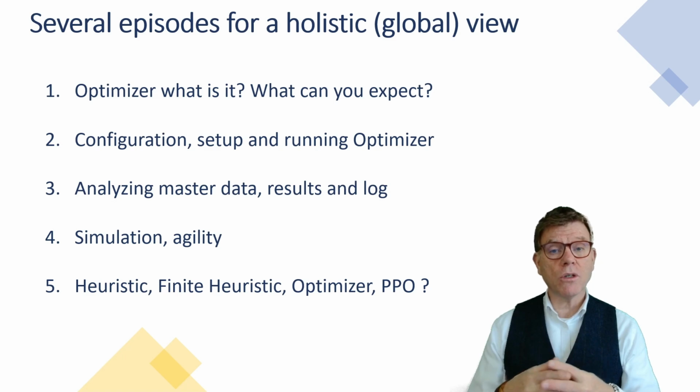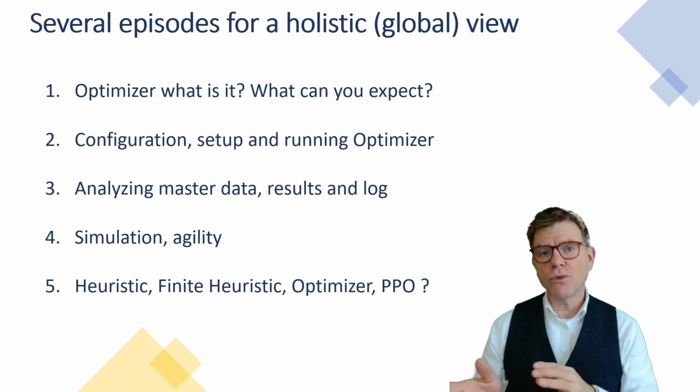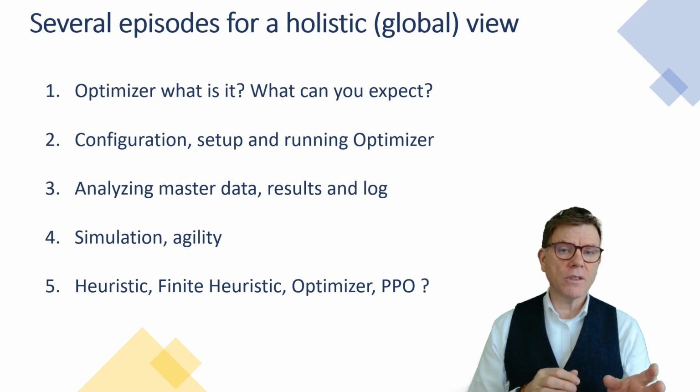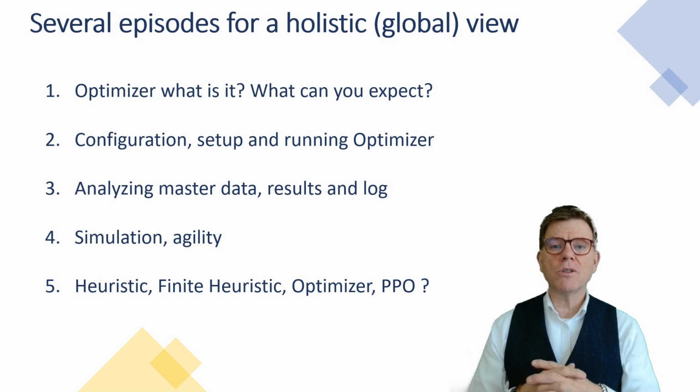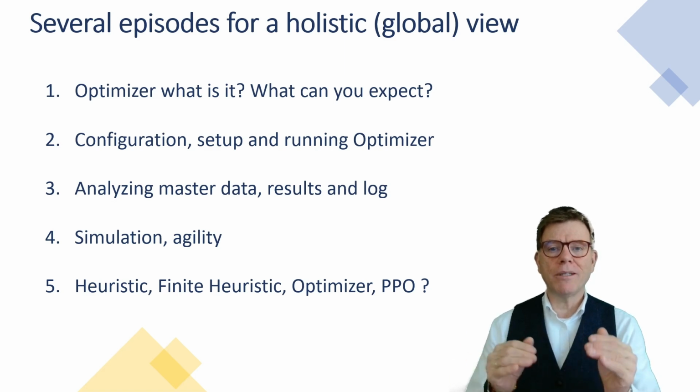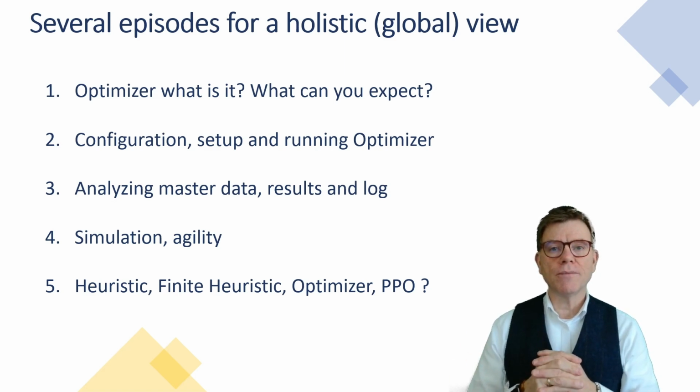How can you make use of this optimizer with regard to your supply chain challenge, and how is it agile and flexible to fit your business context. And last but not least, because several times I've heard the questions, shall you use the heuristics or the finite heuristics or the optimizer or time series or order based? This episode will all be about the capabilities of each individual option.